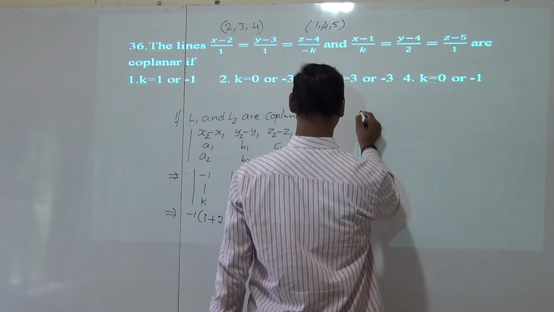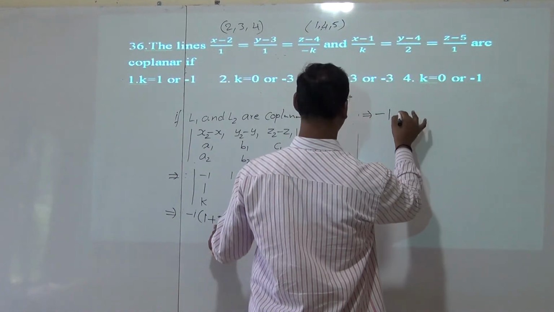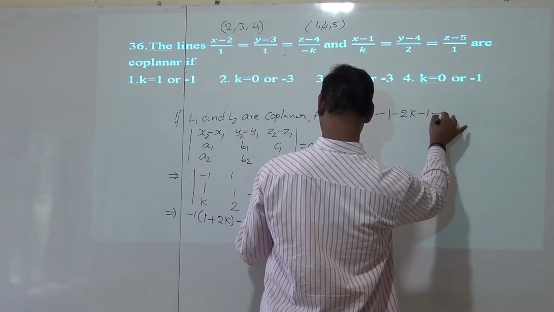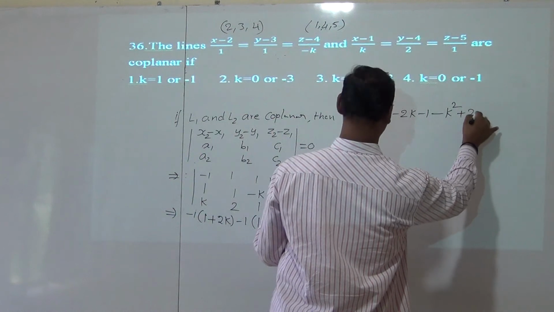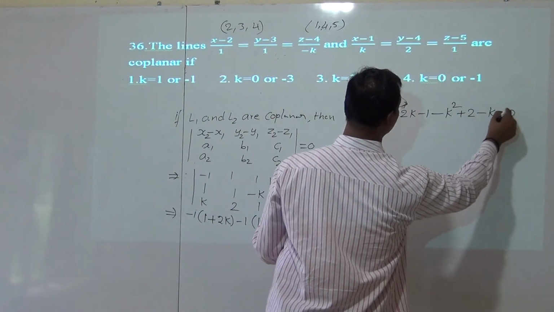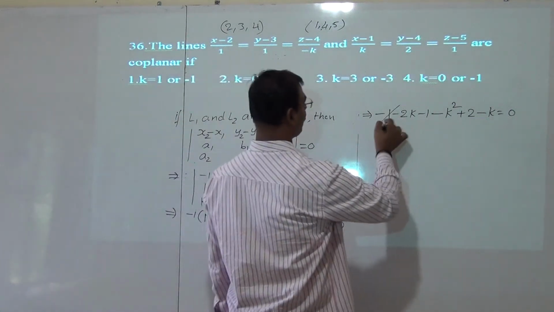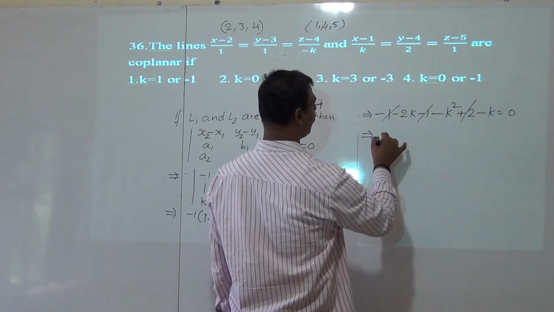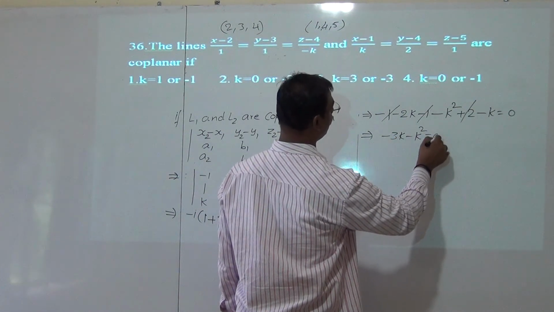This becomes minus 1 minus 2k, minus 1 minus k² plus 2 minus k equals 0. So here minus 1, minus 1 plus 2 cancelled. So remaining minus 3k minus k² equal to 0.